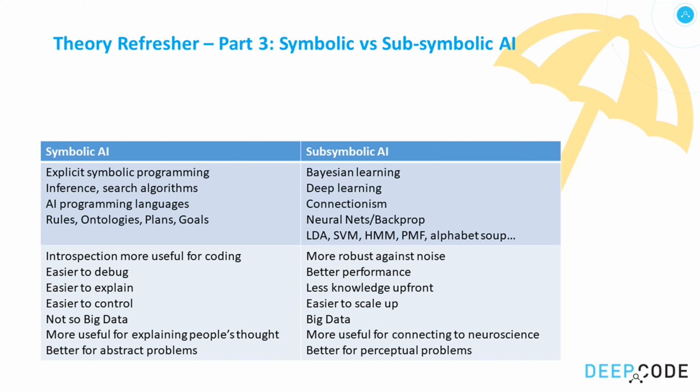It has better performance, needs less knowledge upfront because it builds its knowledge based on the training data, and it's easier to scale up. Big data is the keyword here because it needs that to be trained. It's useful as it is connected to neuroscience, so neural networks obviously are connected to neuroscience. And it's better for perceptual problems.